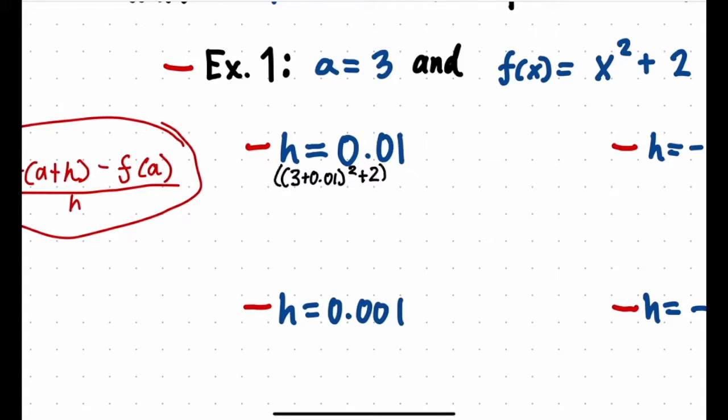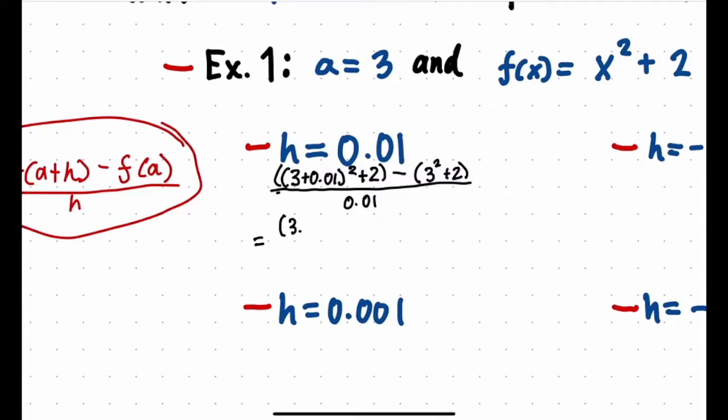And that's f of a plus h minus the same thing again, but without that 0.01, right? Just the a is 3, so a squared plus 2, over 0.01, which equals, let's do some simple addition.